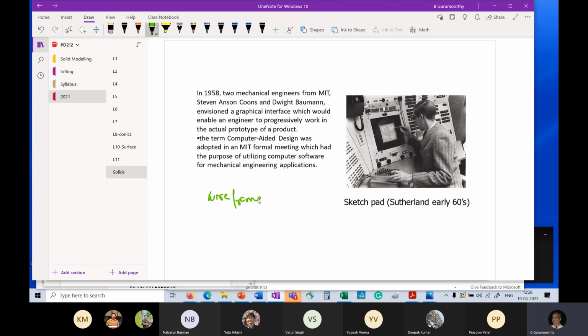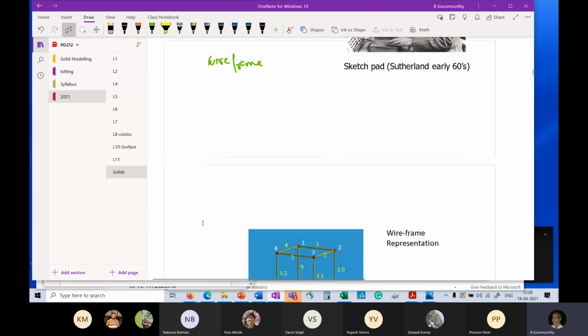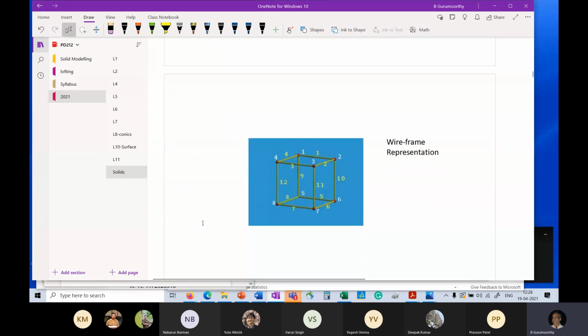And as the name suggests, a wireframe is nothing but one that sketches the skeleton of the object, represents the skeleton of the object. So here we have an object which is a cube or a cuboid, right? And the skeleton basically consists of the 8 corners or the 8 vertices and the 12 edges that connect these corners.